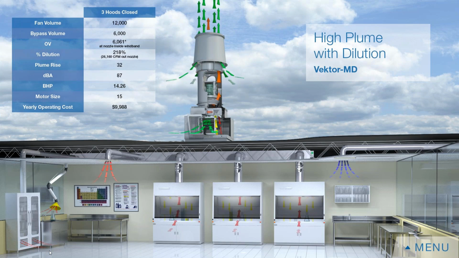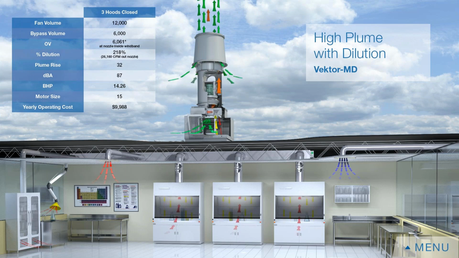We like to tell people we're trying to change the narrative in the industry. A lot of people look at laboratory exhaust fans, they think you have to have a dilution style type nozzle. That is simply not the case. We want people to do your homework and look at all different types of options, where there may be jobs where you can go to a more efficient option and look at that high plume nozzle and not have to go to that dilution style type nozzle.